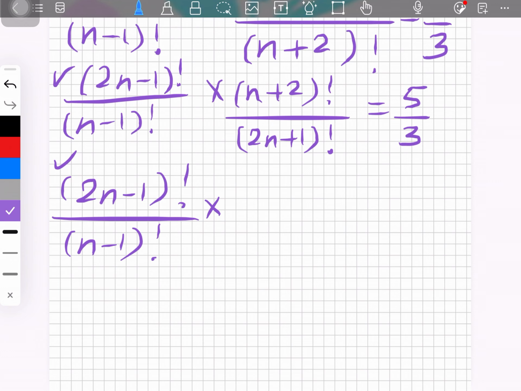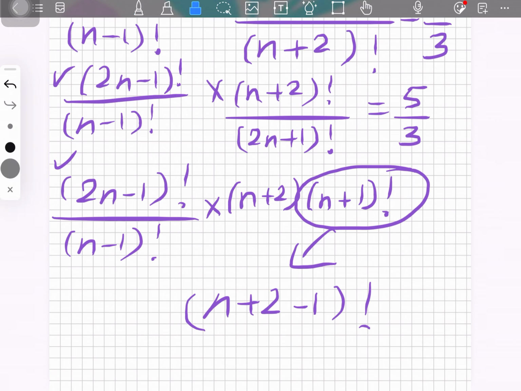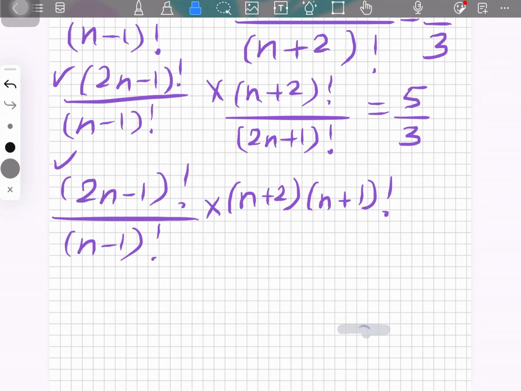So n plus 2 factorial can be written as n plus 2 times n plus 1 factorial. We got this from n plus 2 minus 1 factorial, right? So that's how I got it.